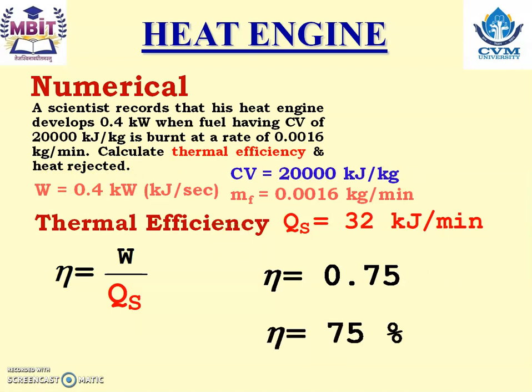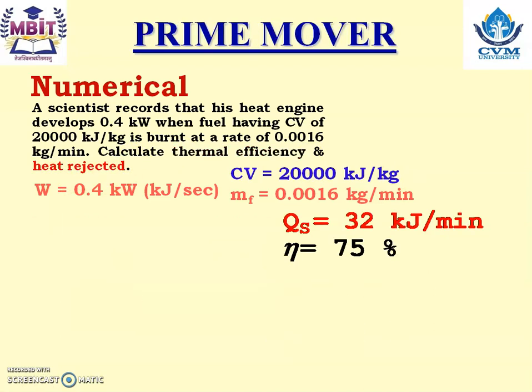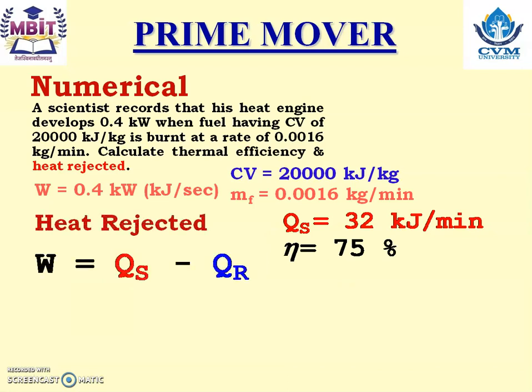Now we have to calculate the heat rejected. Now how to calculate the heat rejected? The equation is work done is equal to QS minus QR. QS we have already calculated, work done is given, so we can calculate the QR. Please don't make any hurry, because work done is given in kilojoule per second and QS is kilojoule per minute.